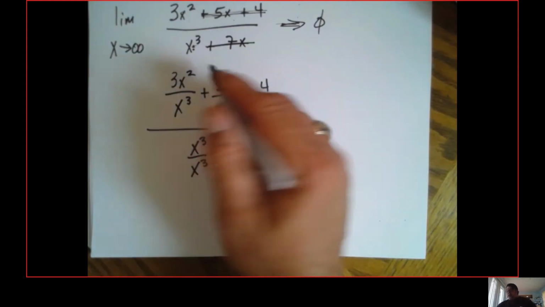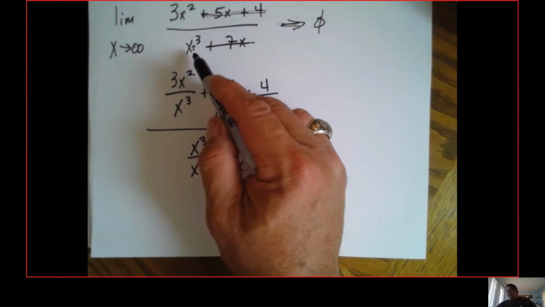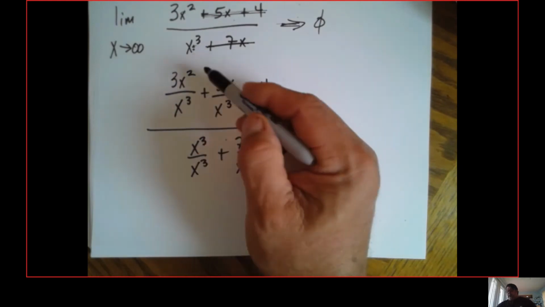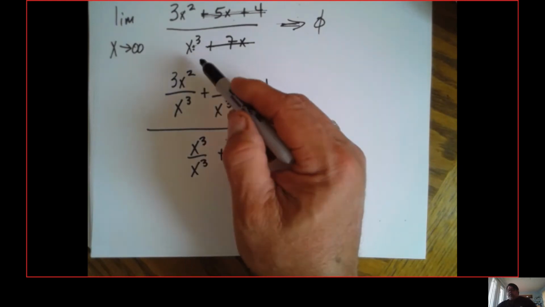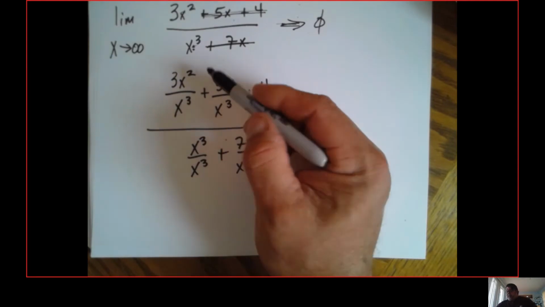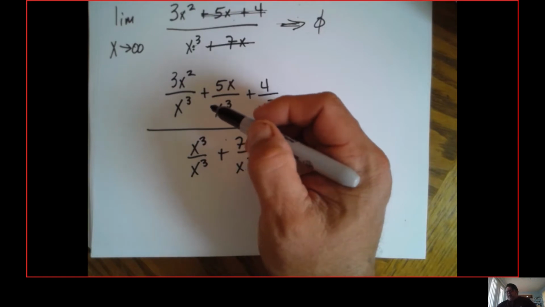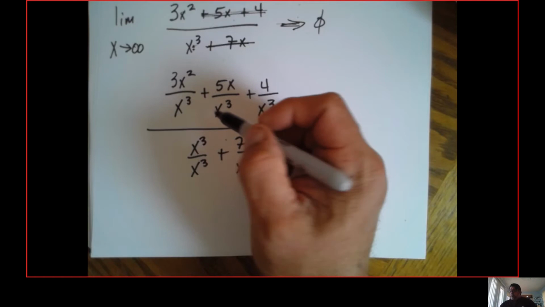With a smaller number like 2, you would get 12 over 8. And that doesn't work with 12 over 8. That's not infinity. That's 12 over 8 is what? 4/3. Then that wouldn't work right.